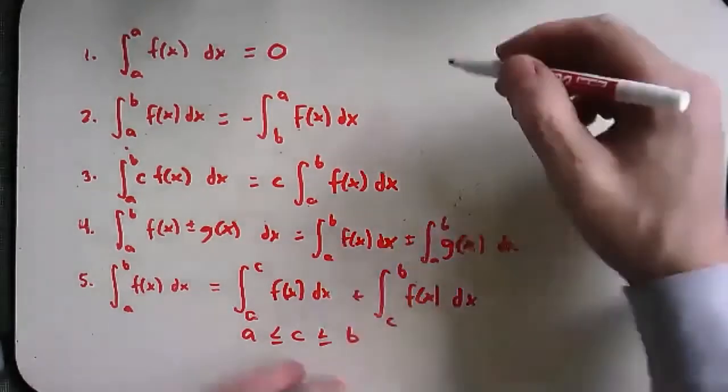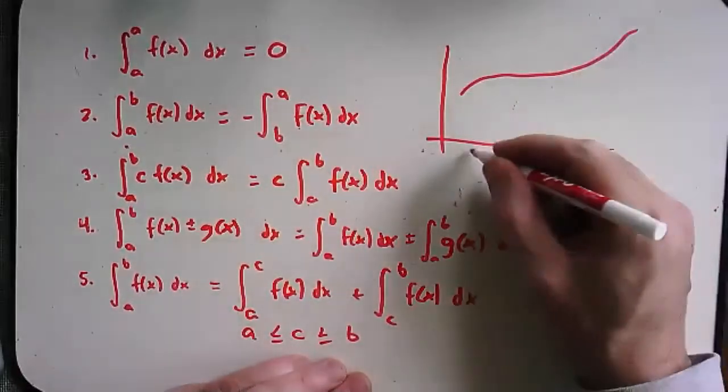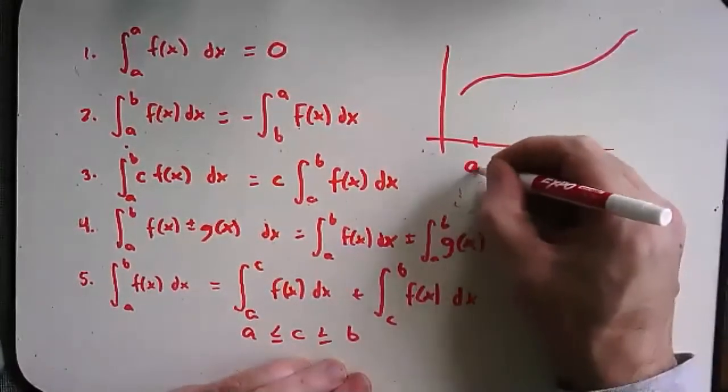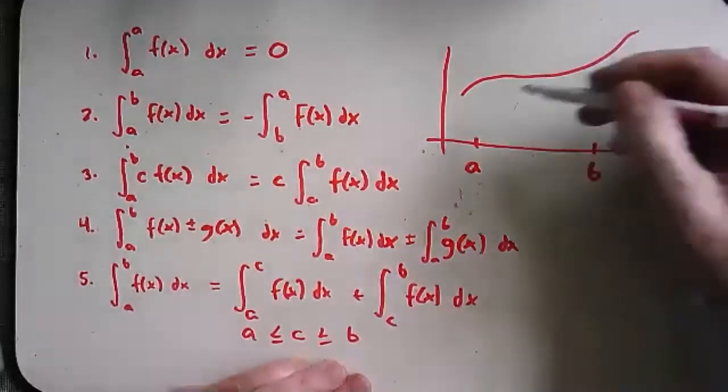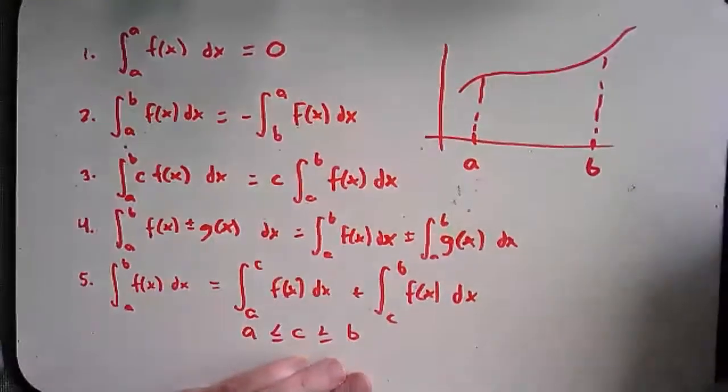All right, so here's how I would explain that. Let's say we have some function f, and we want to take the definite integral from a to b. So we're going to find the area beneath the curve.